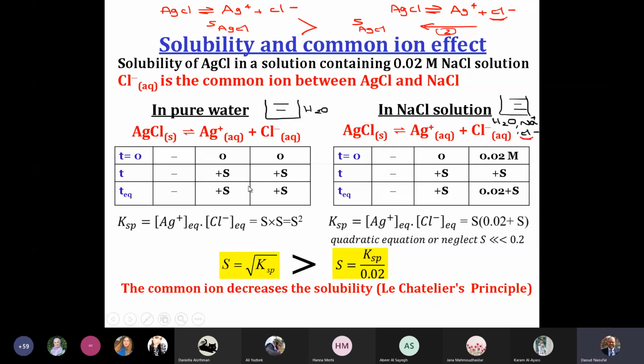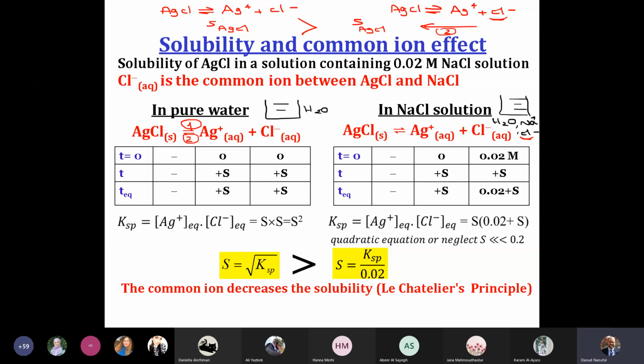What are the factors that affect the solubility? Consider AgCl in water that will dissociate partially till the equilibrium to Ag+ and Cl-. If we shift the equilibrium in direction 1, we increase the solubility. If we shift the equilibrium in direction 2, we decrease the solubility or we increase the precipitation.